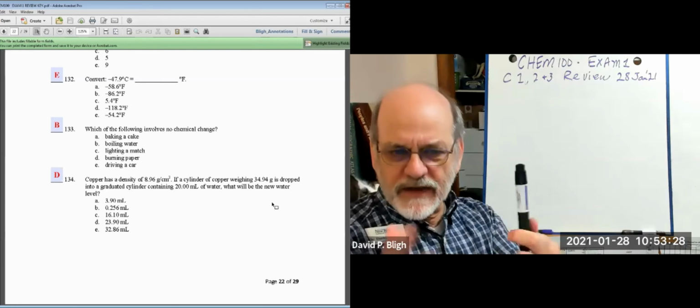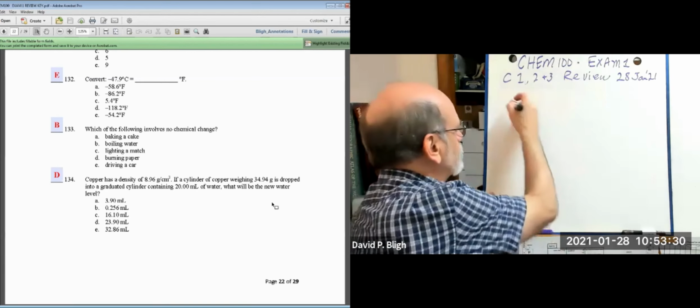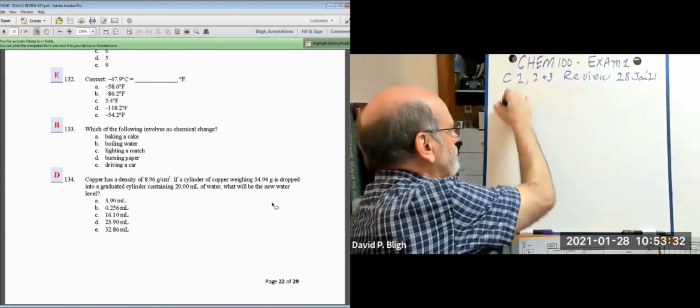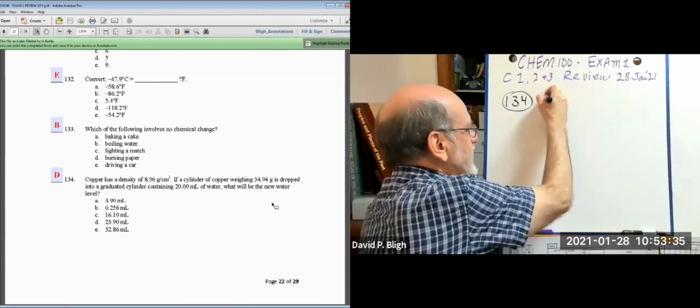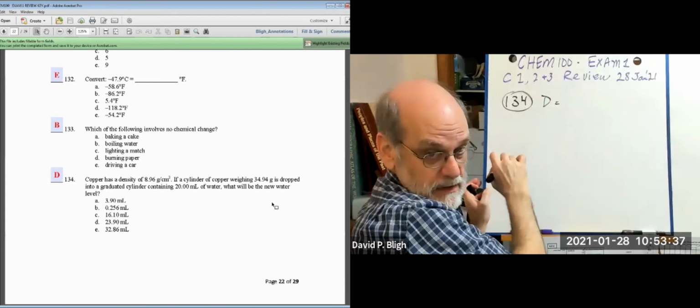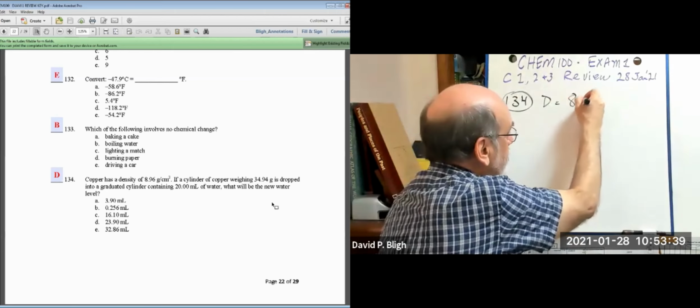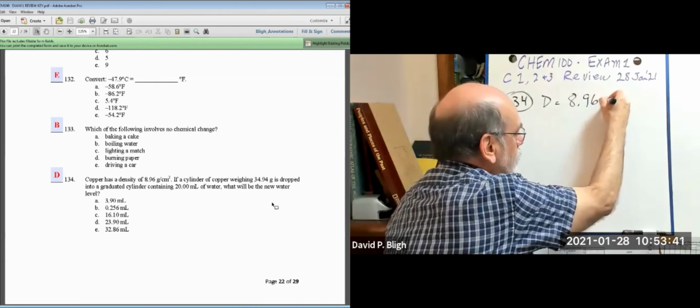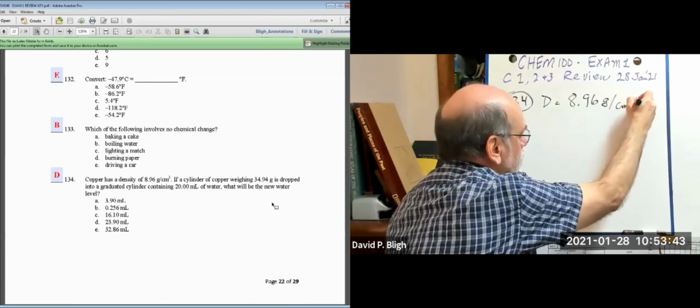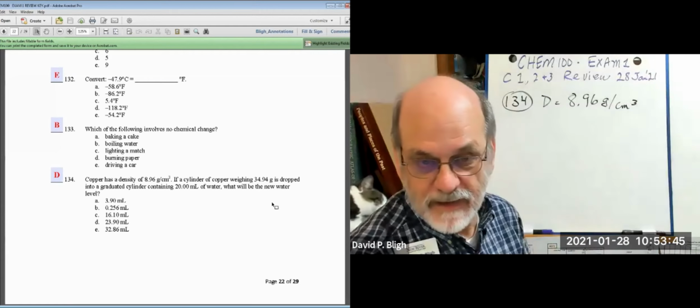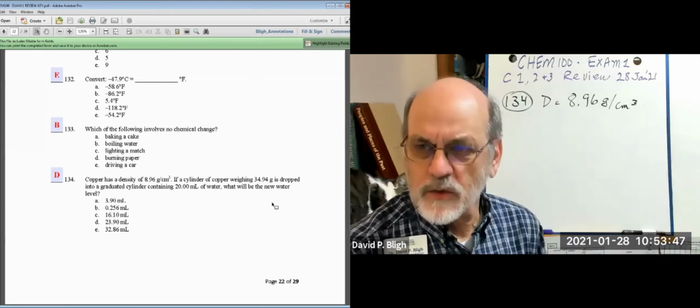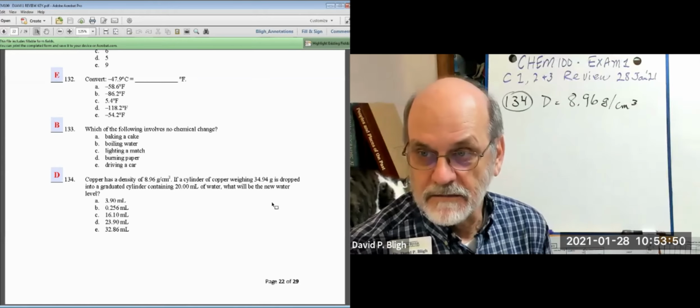So let's pull out the information that's given. The density of copper is 8.96 grams per cubic centimeter. And the volume we're dealing with is milliliters, right?